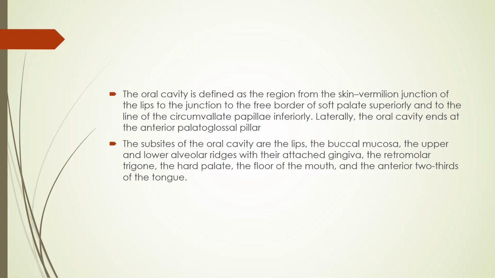Not all of the tongue is included in the oral cavity, only the anterior two-thirds. Any lesion in this region comes under the heading of the oral cavity, and ulcers in this region are called oral ulcers.